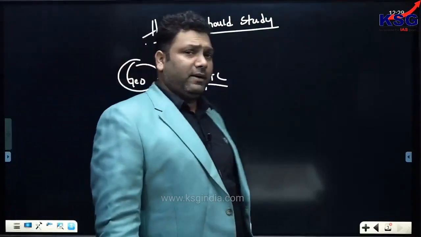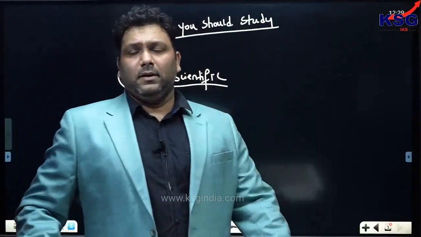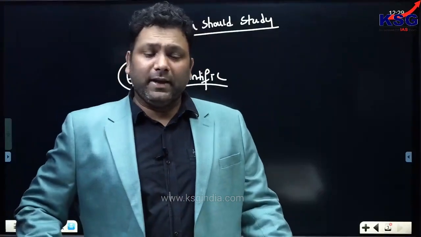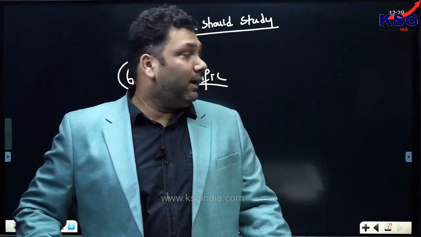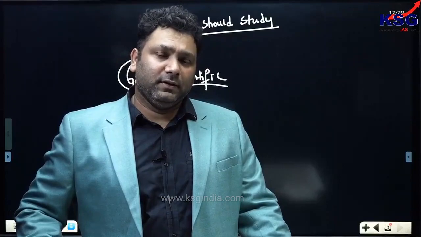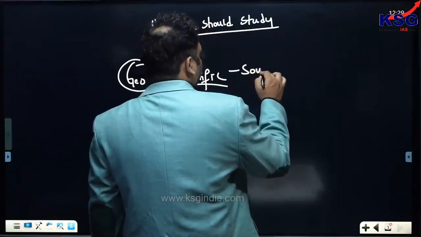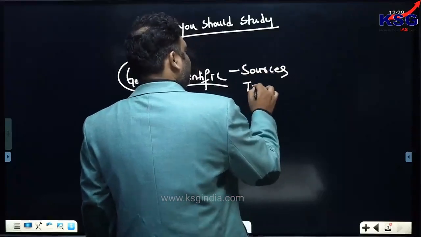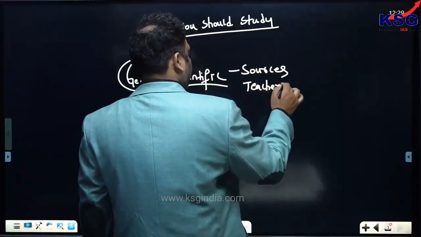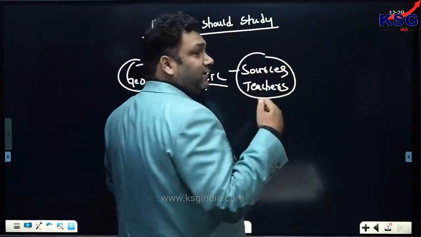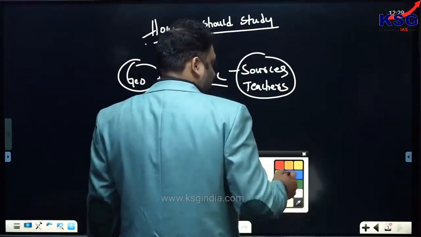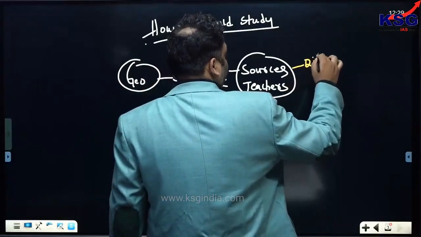How you should study. When you have a scientific subject, then naturally all the engineers will be taking this subject, and for this subject you have many sources. Sources are many, teachers are also many. When the sources are many and the teachers are many, you will have different opinions.